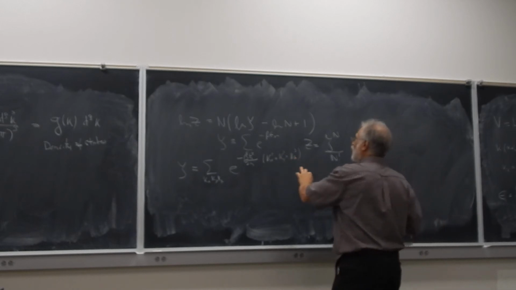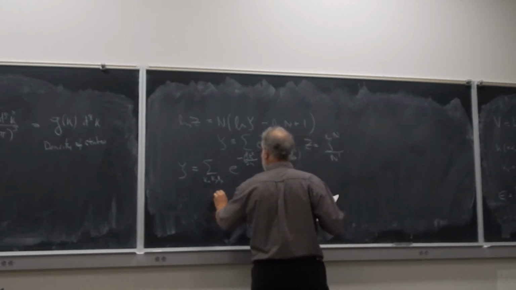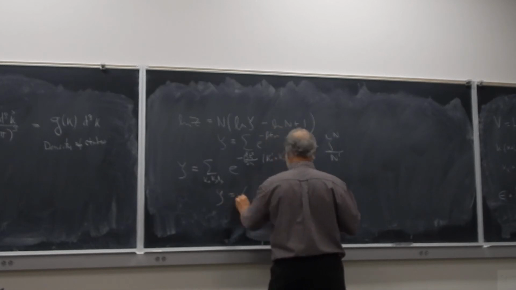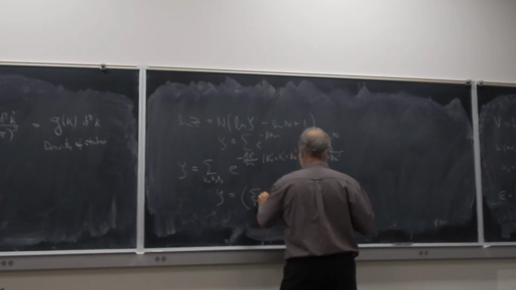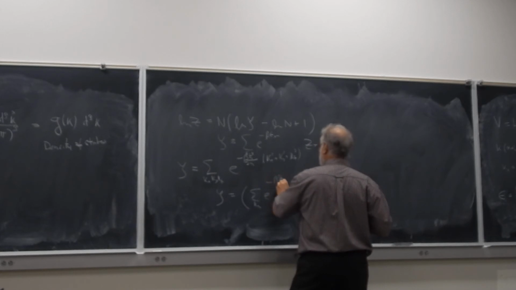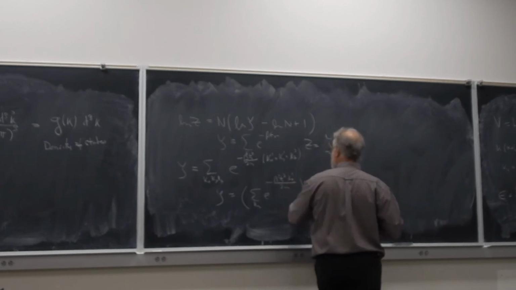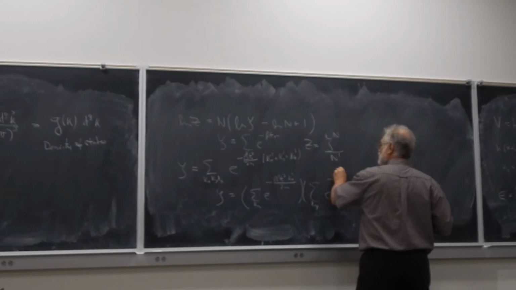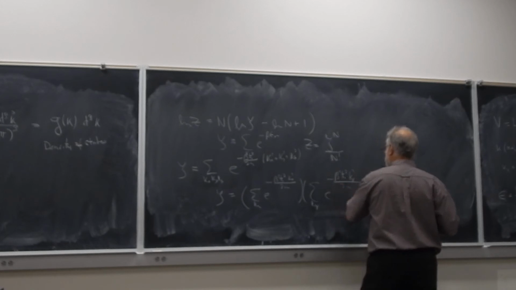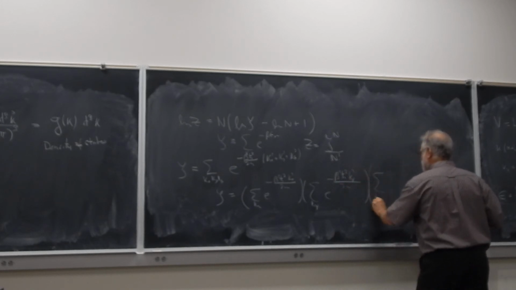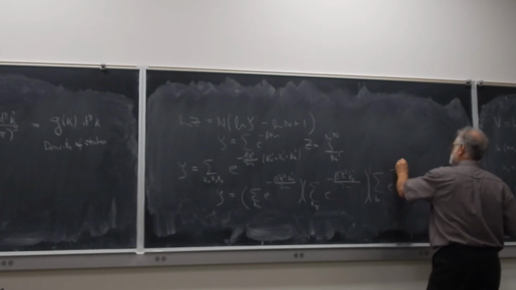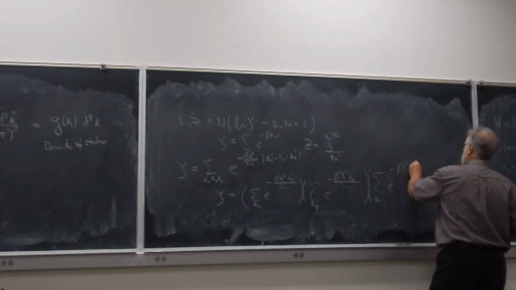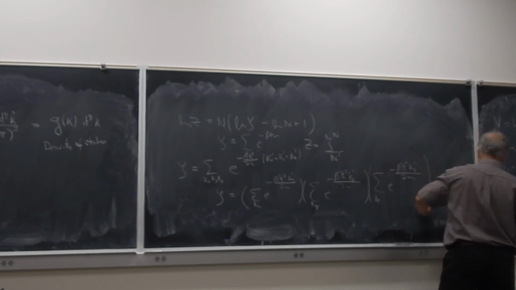Or I could separate them all and write ζ as the sum over κx of e to the minus β ħ² κx²/2m, times the sum over κy of e to the minus β ħ² κy²/2m, times, of course, for the z, the sum over κz of e to the minus β ħ² κz²/2m as well.